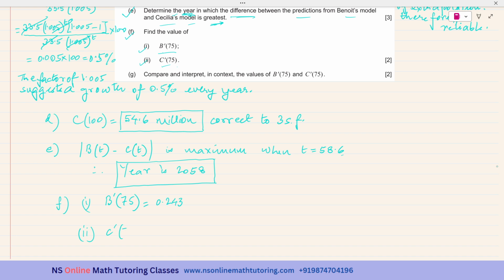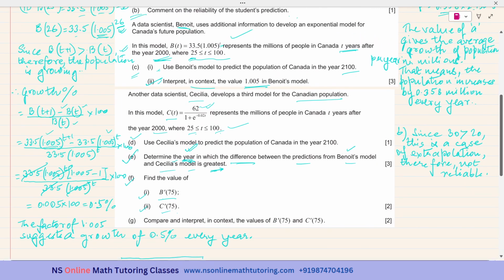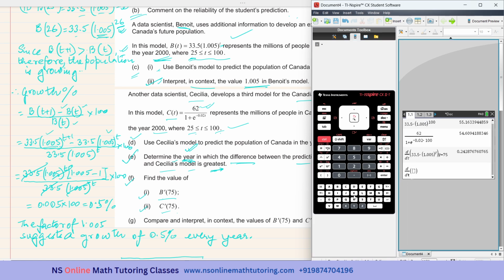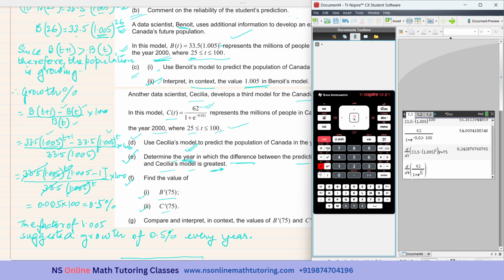And what about this one? Calculator. Oh, sorry, what is the expression? Yeah, again derivative with respect to t, and this one is 62 over 1 plus e to the power of negative 0.02 times t.